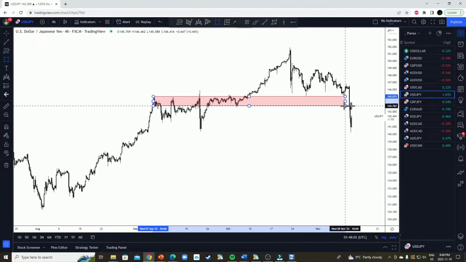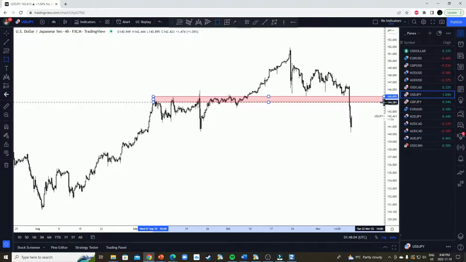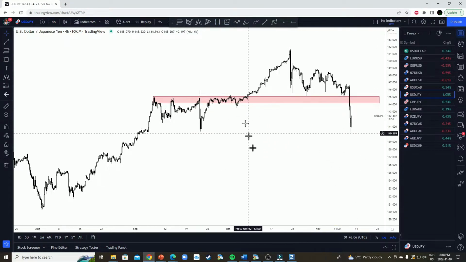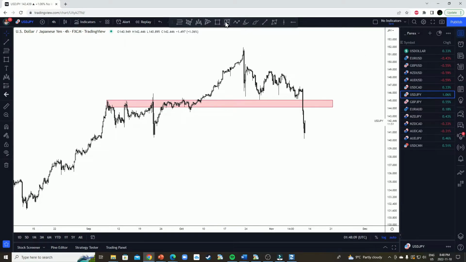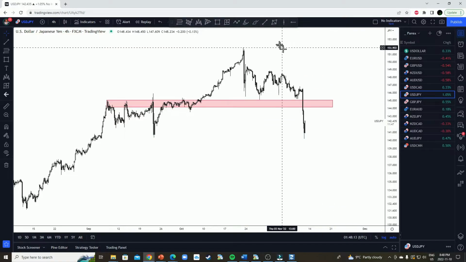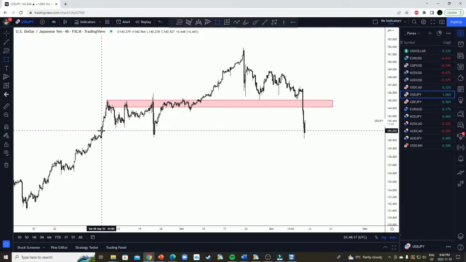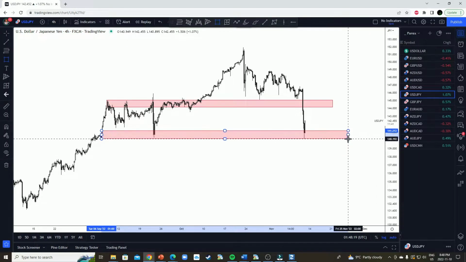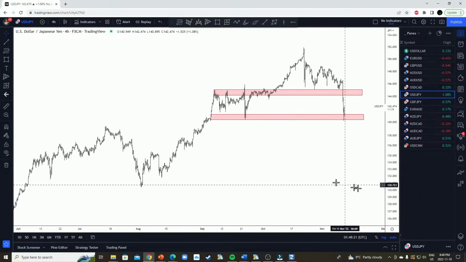So this was the bed of support that I was seeing earlier, and I felt that if it was going to go through here, then there's another one here. So we're in that zone.